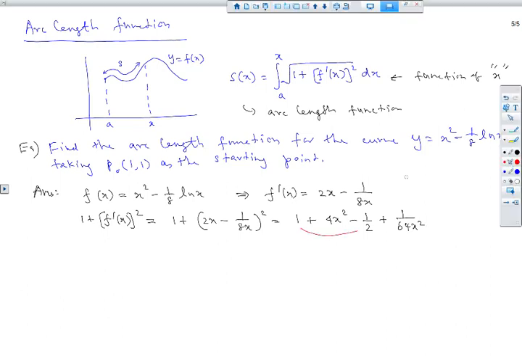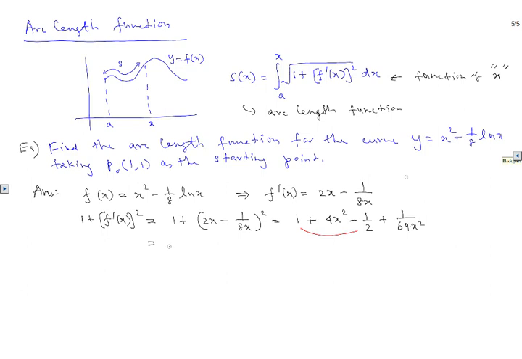You're gonna get 4x squared plus 1/2 plus 1 over 64x squared. Actually this is simply 2x plus 1 over 8x whole thing squared. You can see only a sign change, so negative 1/2 becomes positive 1/2. Perfect.